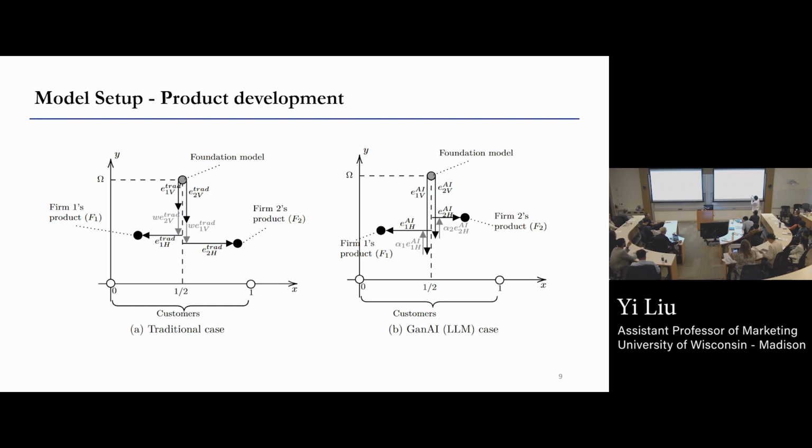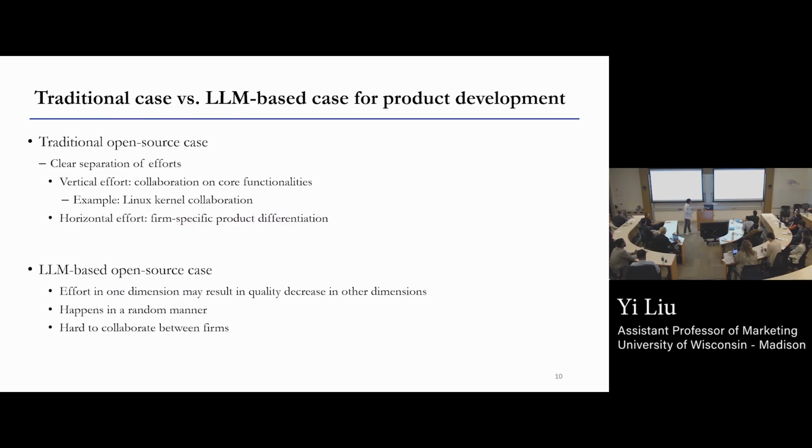That means your effort here will make the other dimension's performance worse. This alpha 1 we assume is a random variable uniformly distributed between 0 and 1. This tries to capture the uncertainty. You don't know whether this will really hurt you before you make the effort. The same thing also happens to firm 2. That's what we try to capture here.